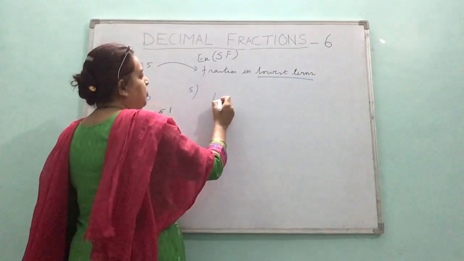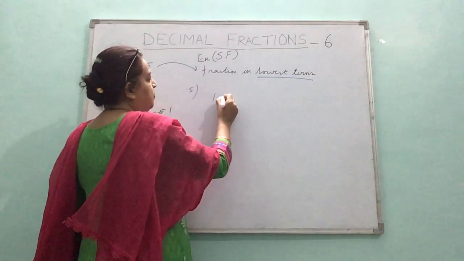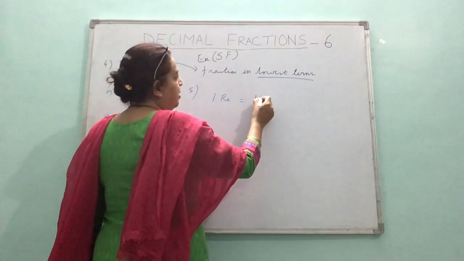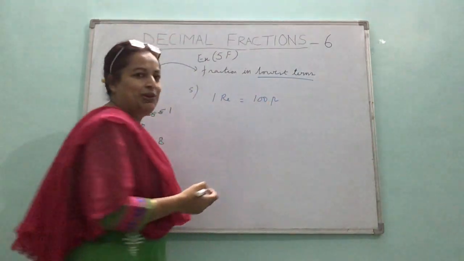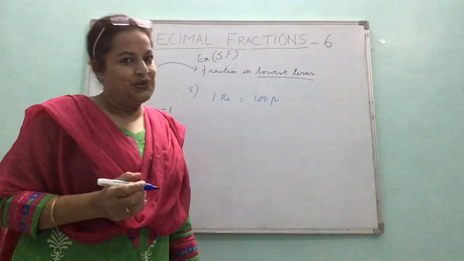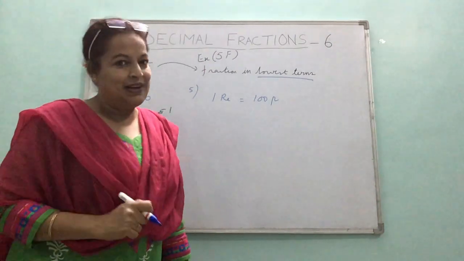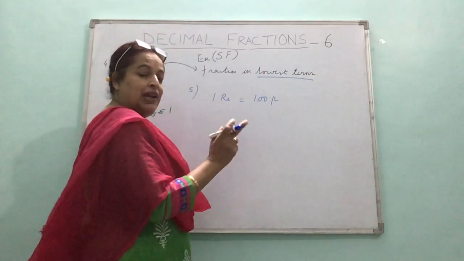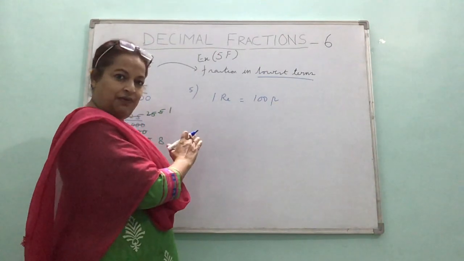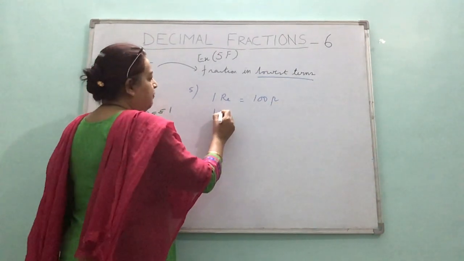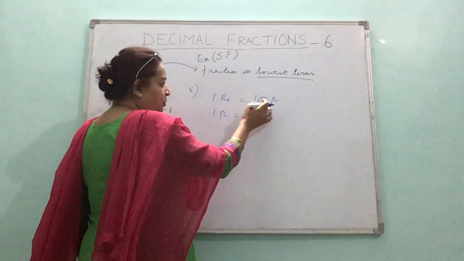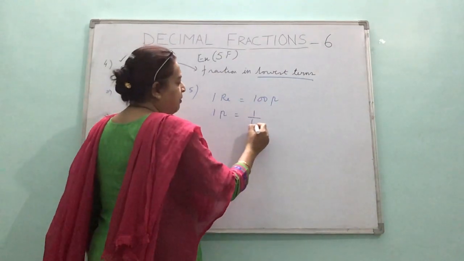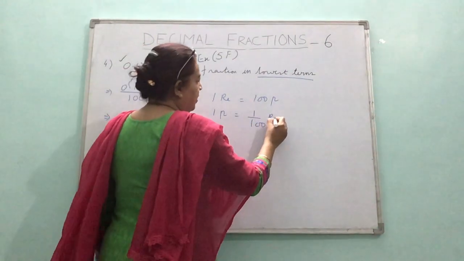Okay. 1 rupee, everybody knows 1 rupee is 100 paisa. If you don't know, well, you should be handling a little bit of money so that you know that 1 rupee is 100 paisa. Now, as I taught in unit conversion, the same we will do here. If I have to find 1 paisa would be how many rupee? Well, it would be 1 upon 100 rupee.